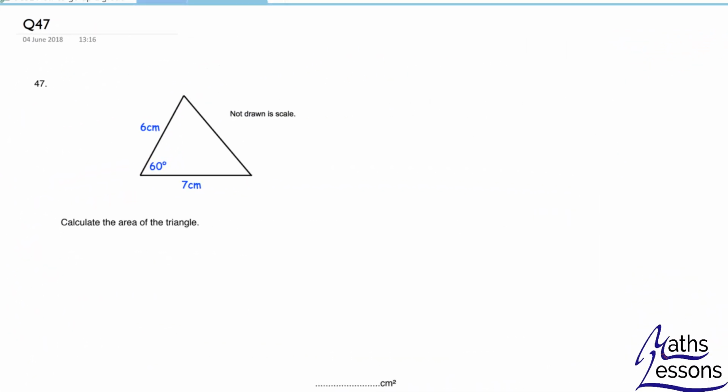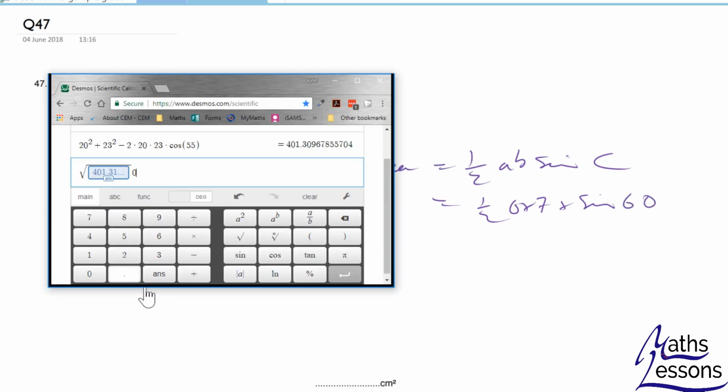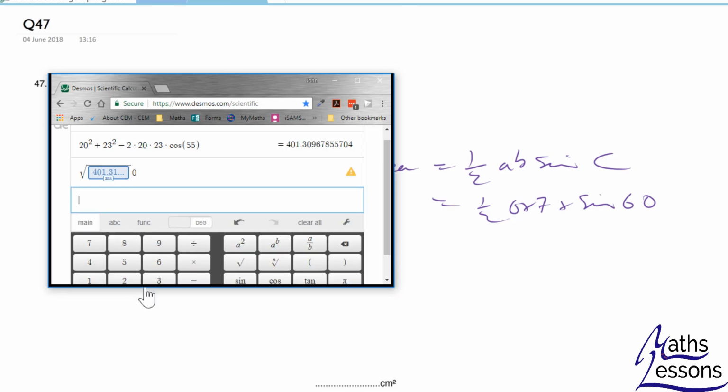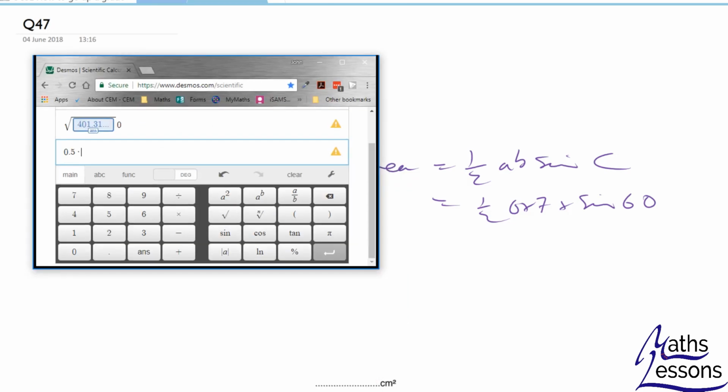Right, this question. Calculate the area of this triangle. And the area of a triangle you need to know is equal to half ab sine C. So it's equal to half times 6 times 7 times sine of 60. Grab the calculator again and we get 0.5 times 6 times 7 times sine of 60.